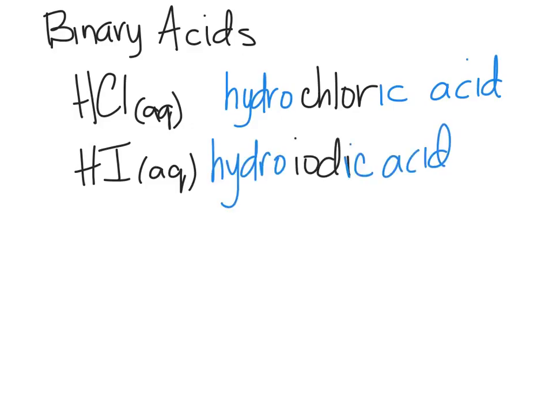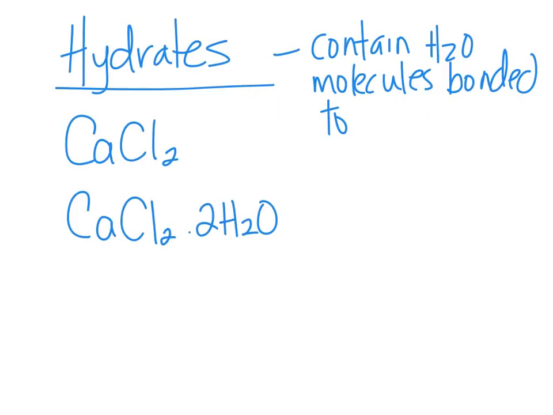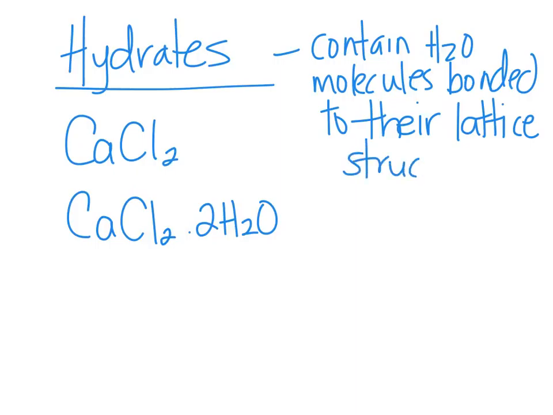Now hydrates: compounds that contain water molecules bonded to their lattice structure. These are ionic compounds, and they have water molecules actually bonded to them. Calcium chloride is not a hydrate.